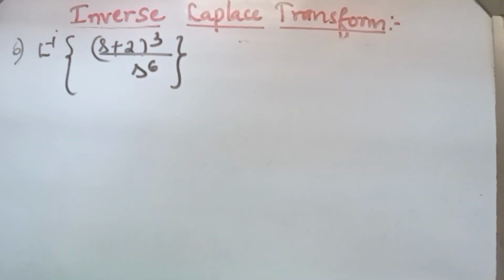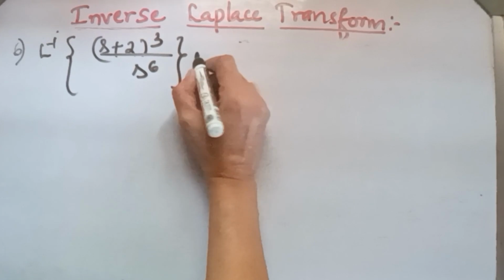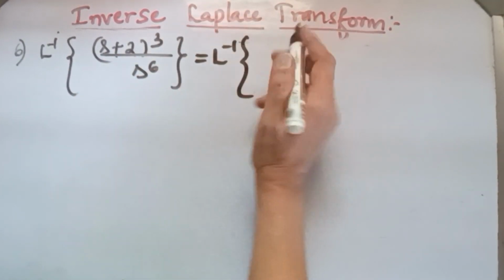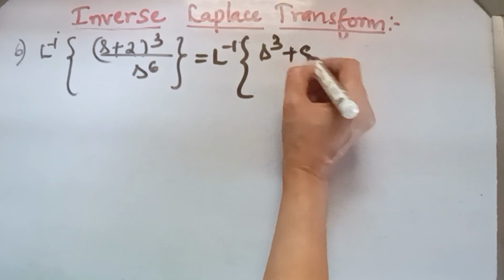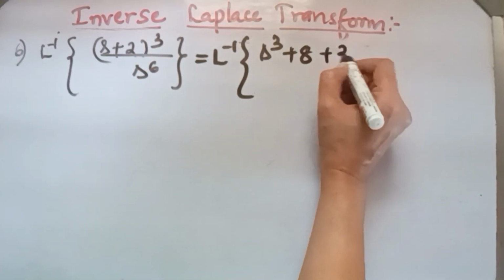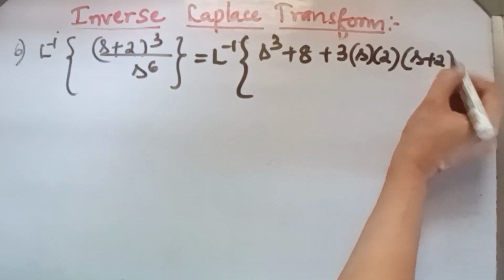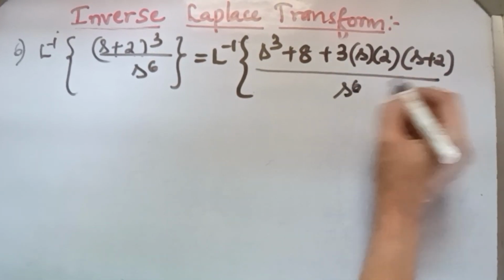See the next question. You have to find the inverse transform of this. Inverse transform of s plus 2 whole cube, that is a plus b whole cube formula: a cube plus b cube, 2 cube is 8, plus 3ab, 3 into s into 2 into a plus b, divided by s to the power 6.